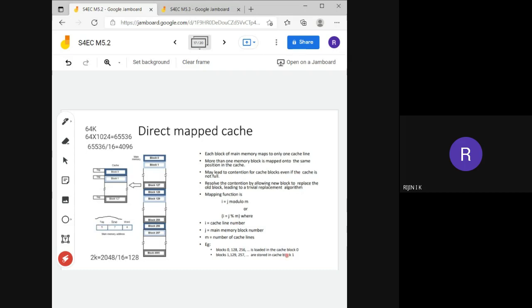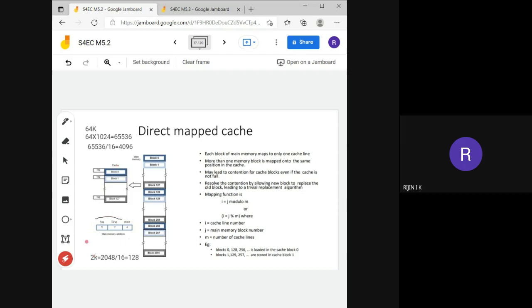We studied that in cache block 0, it may be block 0 in the main memory, or block 128 in the main memory, or maybe 256, whatever it is. So the tag bit will identify which main memory blocks reside in the cache memory. So these are the memory address fields.